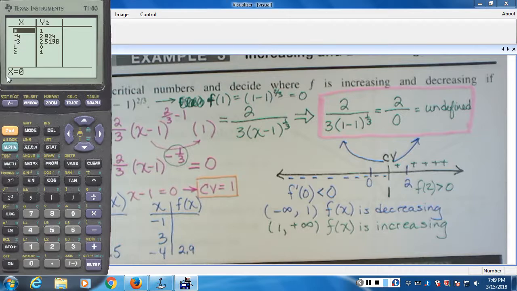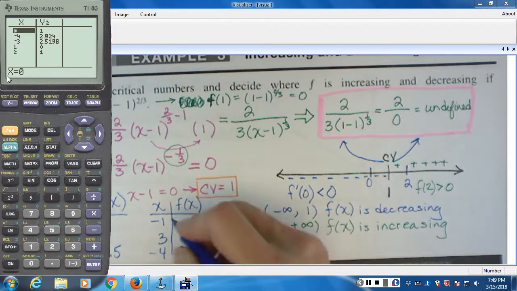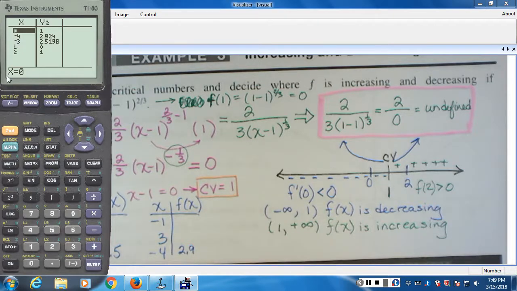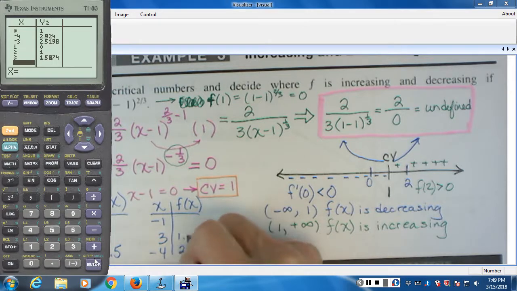And when x was 1, it was 0. Well, we already knew that. And when it was 2, it was 1. What was it when it was 3? Let's see. About 1.6. And then I didn't do -1. And it was about 1.6.